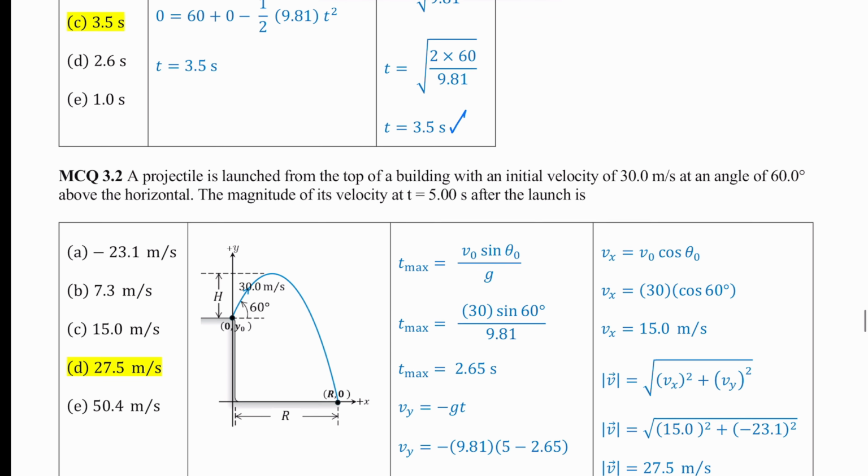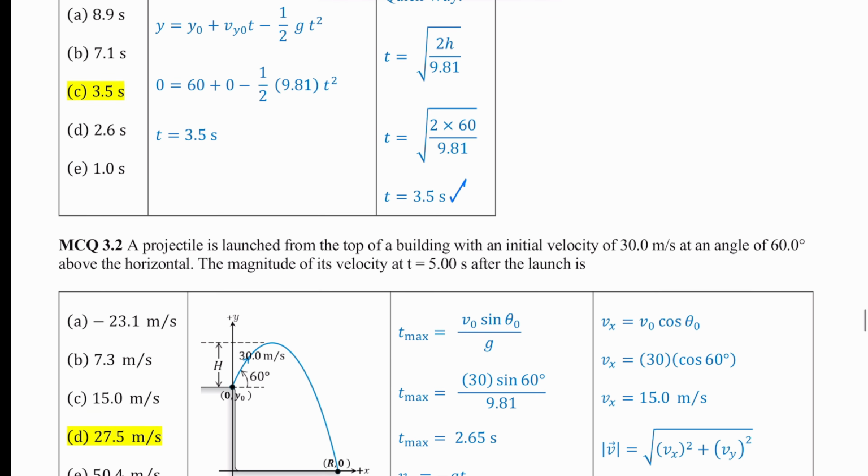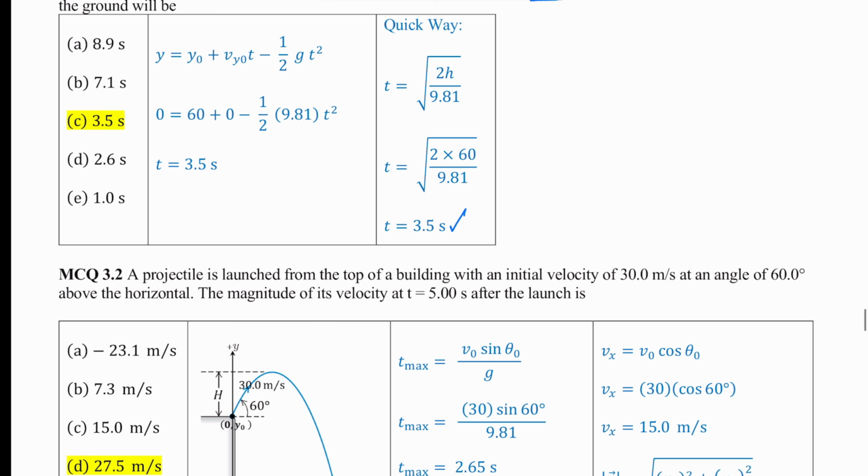Question number 2. This is something very interesting and I will tell you a shortcut to solve this type of question. A projectile is launched. When you see the diagram, you have to focus on something. Angle is given. Theta is given, 60 degrees.